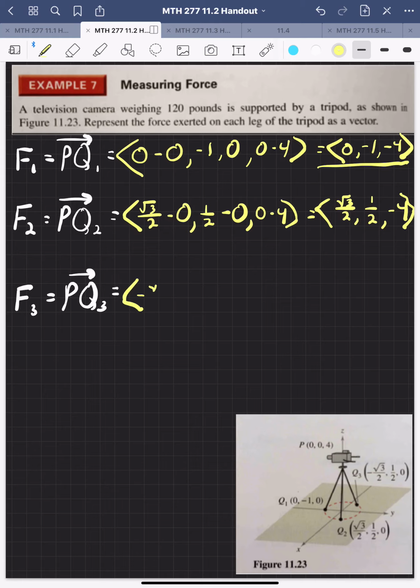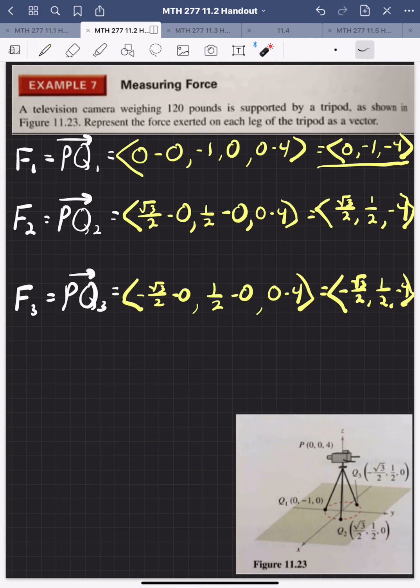So negative square root of 3 over 2 minus 0, 1/2 minus 0, and 0 minus 4. I'm trying to go quickly and without making silly errors. Okay. So here are my 3 vectors that represent each of those legs of that tripod.